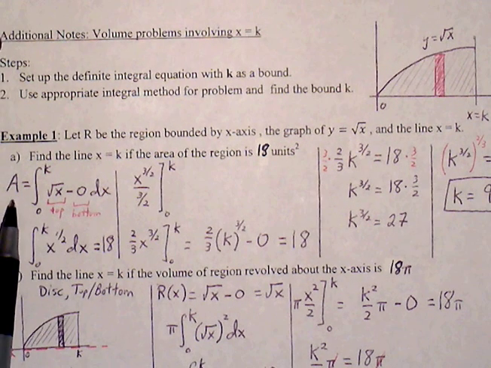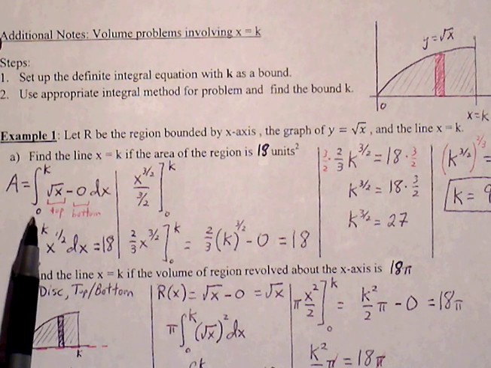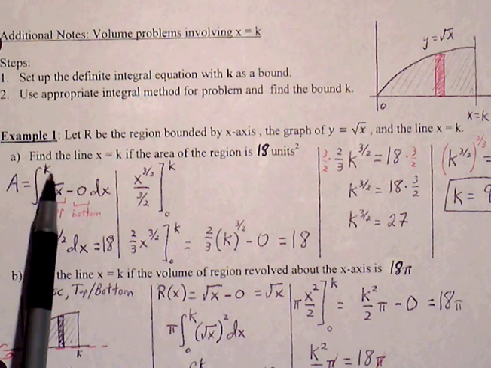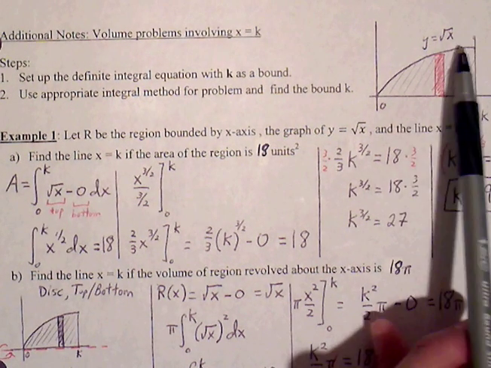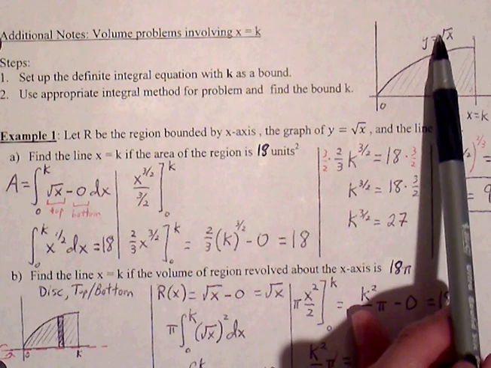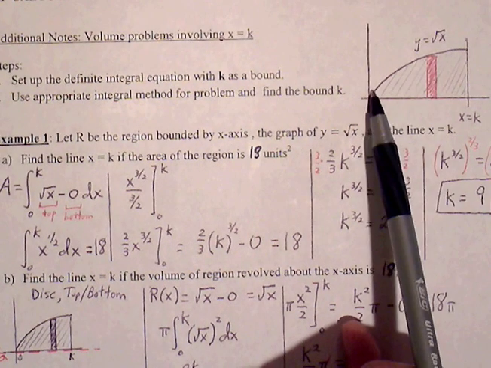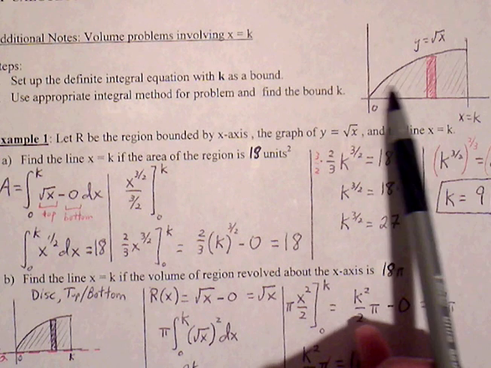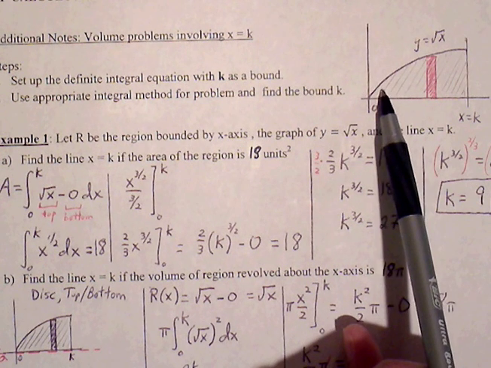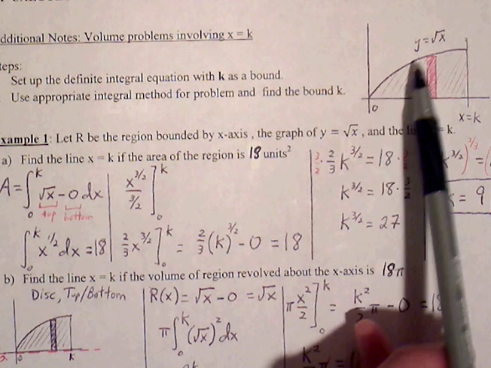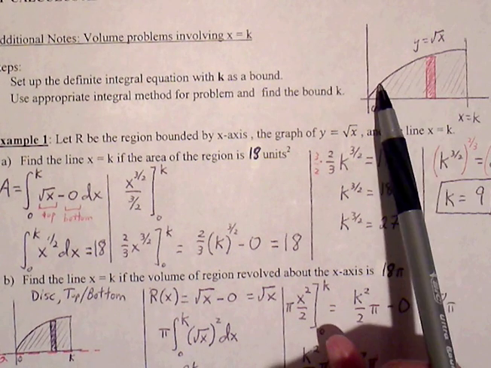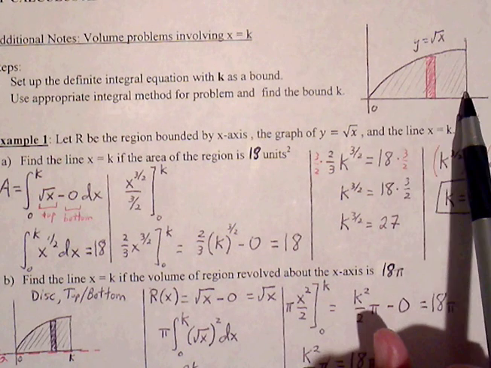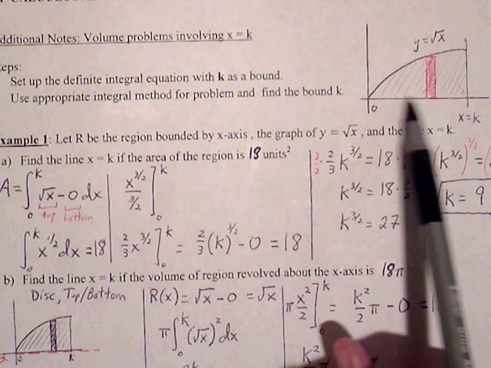So our area formula is the integral from our left bound to our right bound, from 0 to k. And with the shaded region, we're going to do top minus bottom because everything's in terms of x. Everywhere that we draw a rectangle, the upper rectangle will be hitting the same graph, and the bottom rectangle will be consistently on the x-axis.